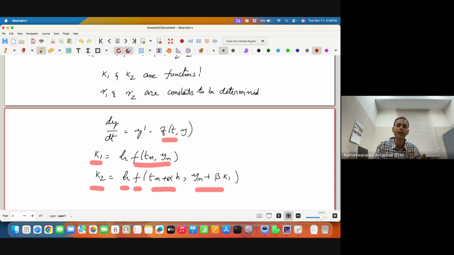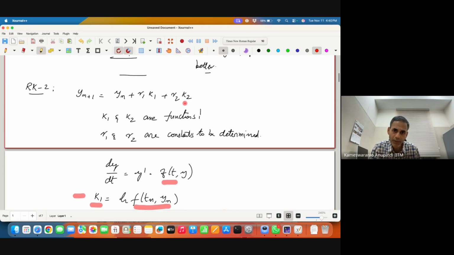We are only doing tn plus alpha h. Preferably alpha will be less than 1, so that we are not going to tn plus 1. And then you're also going to evaluate y. So essentially, the function you are evaluating at tn plus alpha h, and then some y value. That y value you are taking as yn plus some beta times that k1. Okay, that's what you are evaluating. So at those 2 points of t and y, you are evaluating the function, and then you are calling it k2. Now, when you multiply that k2 with some gamma 2 and the k1 with some gamma 1, and add it to yn, you are going to get the next yn plus 1.